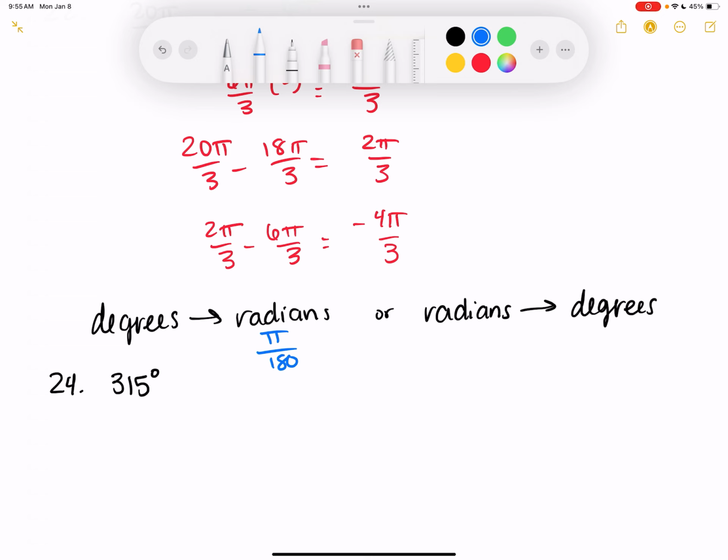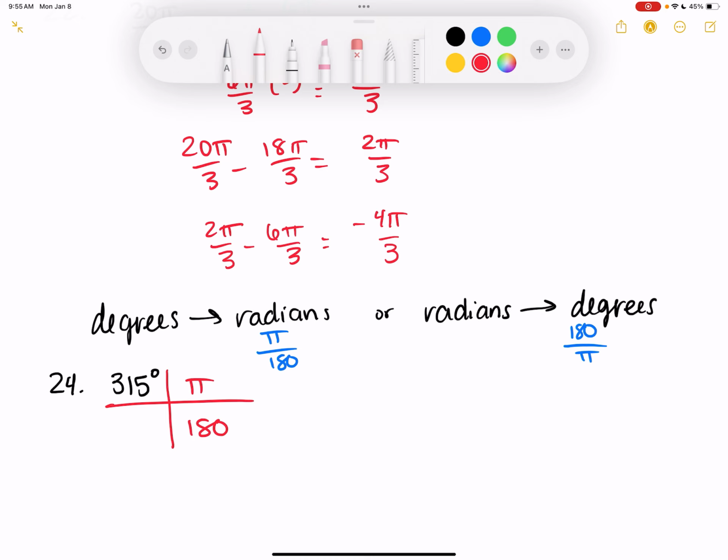If I'm going from radians to degrees, it is going to be 180 over pi, because my goal is to get my units, quote unquote, to cancel. So in this problem, I have degrees, so I'm trying to get radians, so I'm going to be converting by pi over 180.